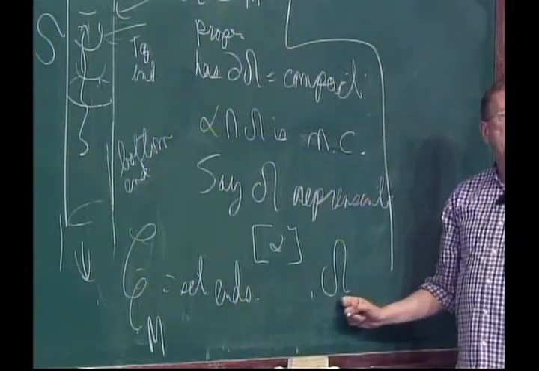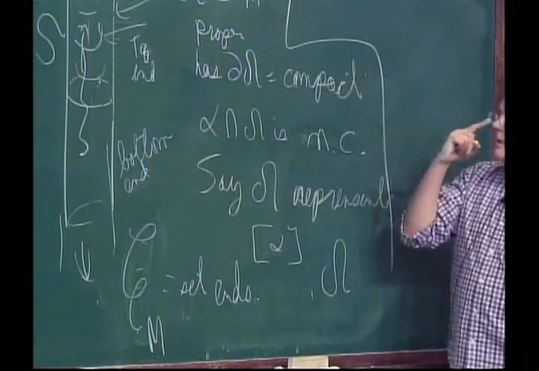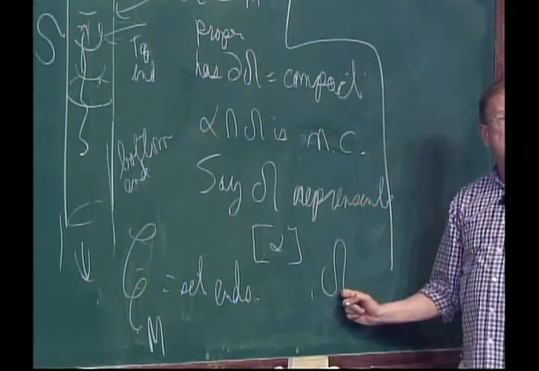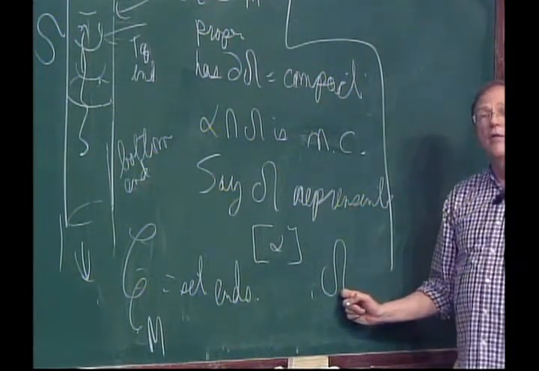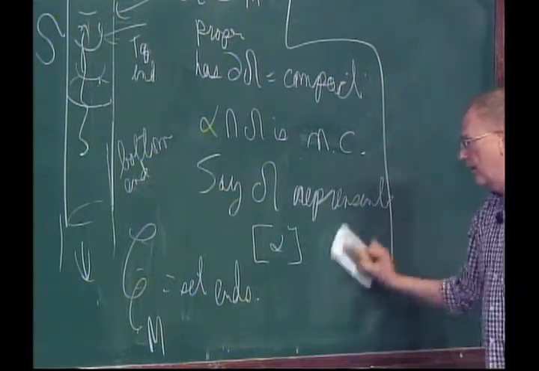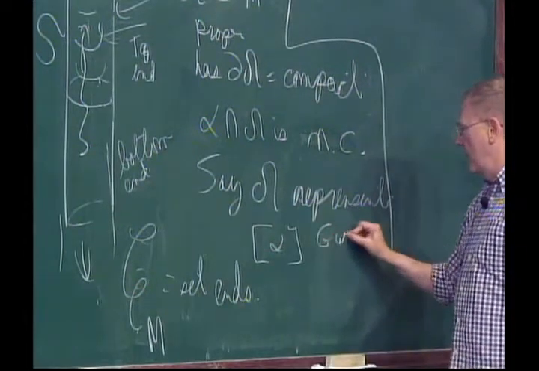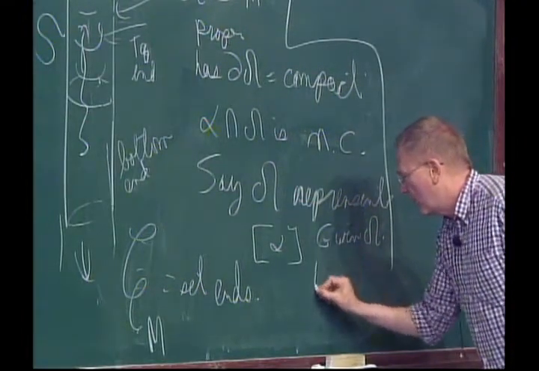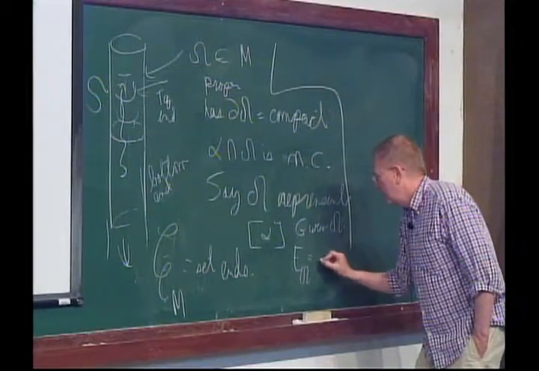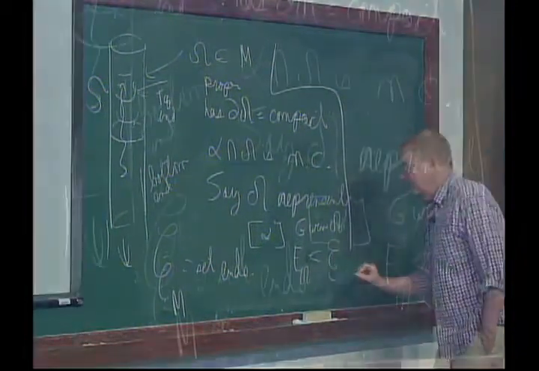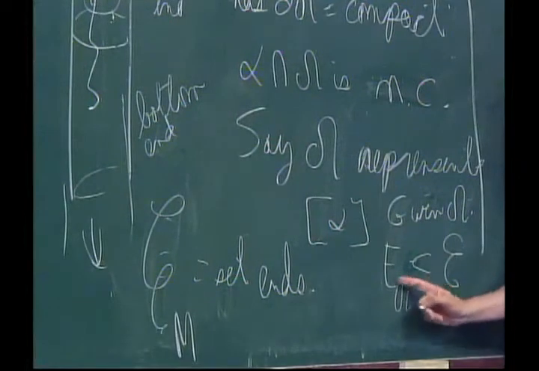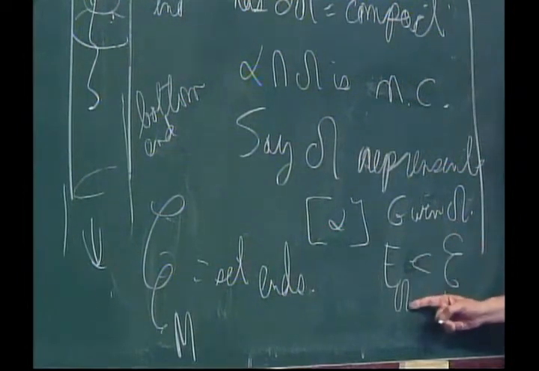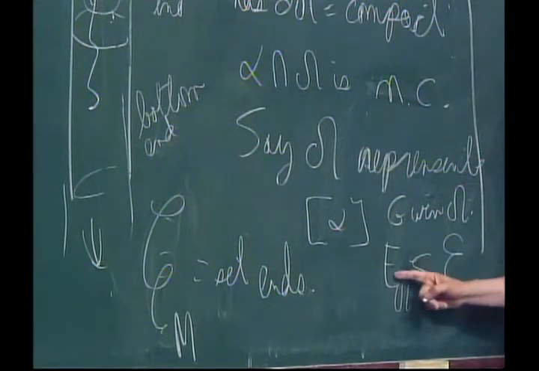And what I do is I just look at any one of these, a proper non-compact subdomain of M with compact boundary. Given one of these omegas, I'll call E of omega the subset of the space of ends, all these proper equivalence classes, such that omega represents those ends.